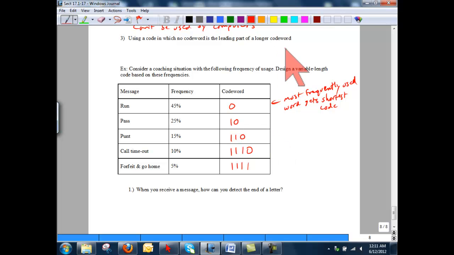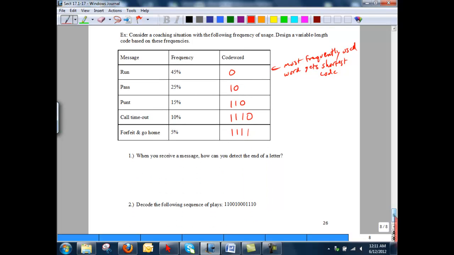Now this does implement number 3 above. When I receive the start of a code word, there's never any question about what I'm supposed to do. Either I know the word is done and I can decode it, or I know that it's not done and I'm supposed to keep waiting for more of the word to come in. When you receive a message, how can you detect the end of a letter?